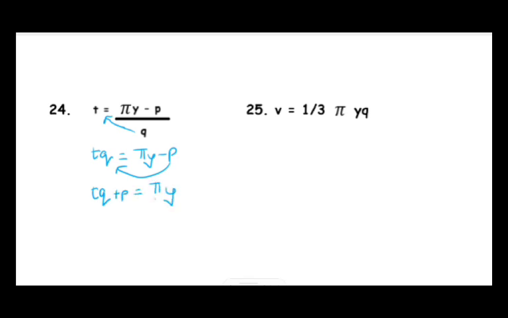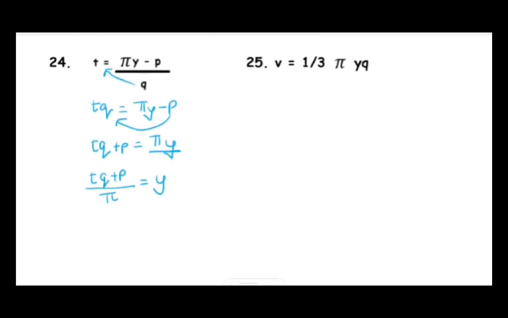Simple till here. Bond of multiplication breaks here. TQ plus P. Bond of multiplication breaks on the right hand side and becomes a division on the left hand side. And here I have my y alone. My first rule fulfilled. I've brought the y on the LHS. My second rule fulfilled.